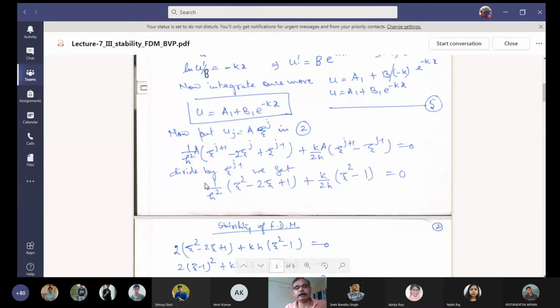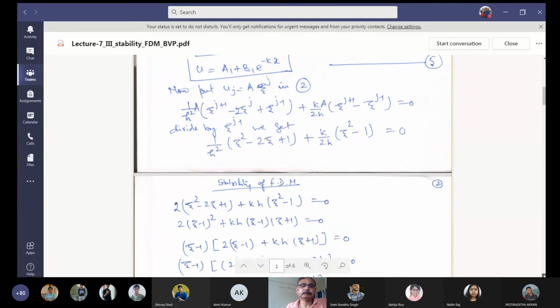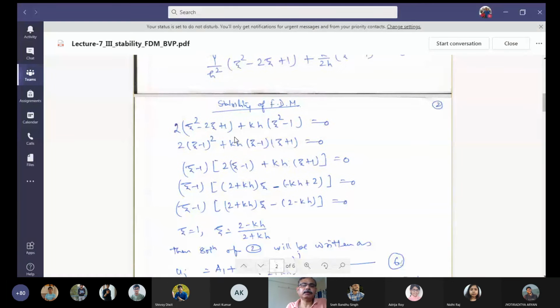So we get a quadratic polynomial here, and rewrite that quadratic polynomial. So we have got this quadratic polynomial, and then you can simplify that. Xi minus 1 can be taken out. So finally we can see that xi minus 1 into this term is there equal to 0. Is that right?